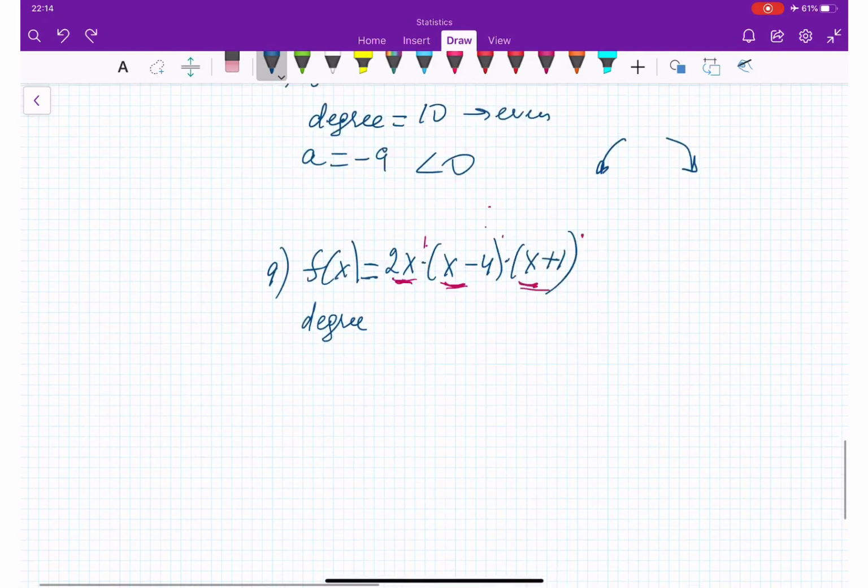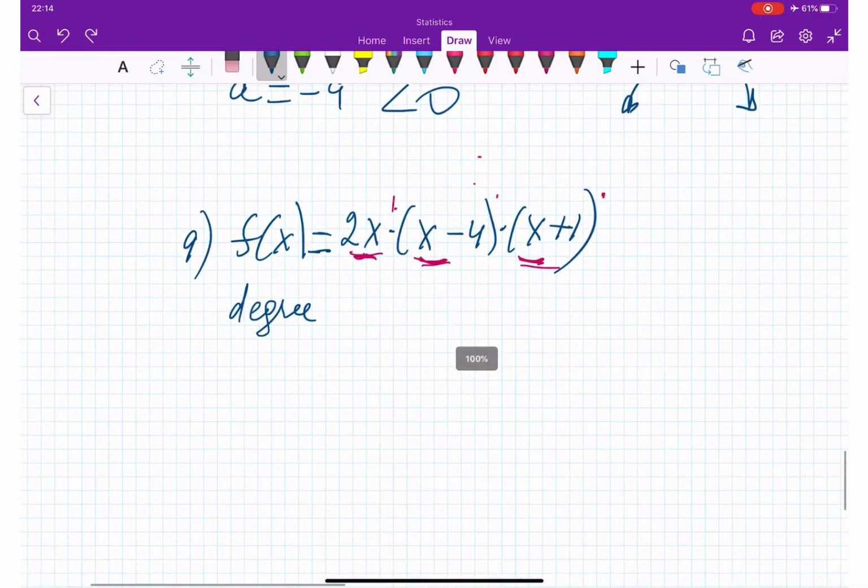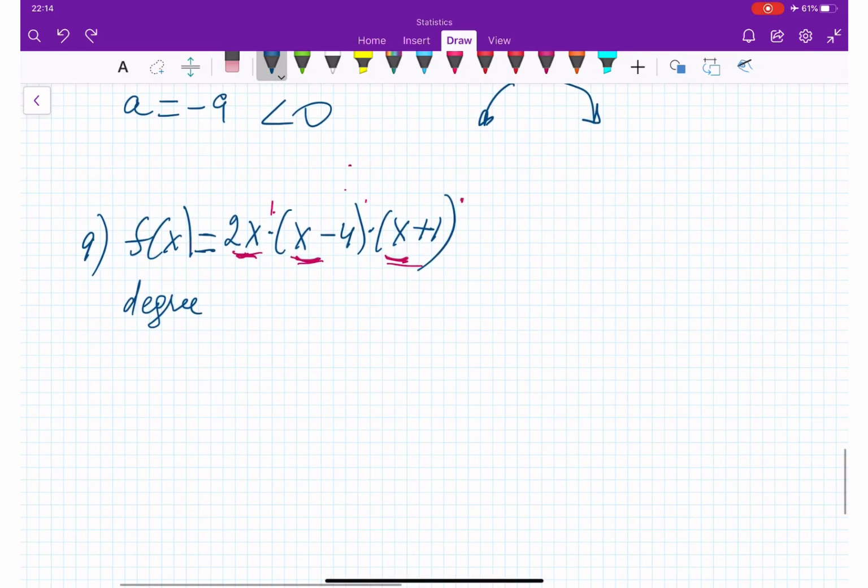In this case we have here degree 1, here degree 1, here degree 1. So it's going to be 3. 1 plus 1 plus 1. Degree 3.